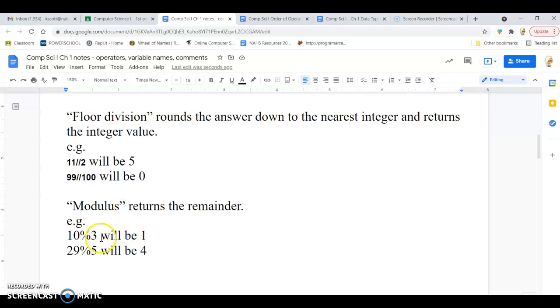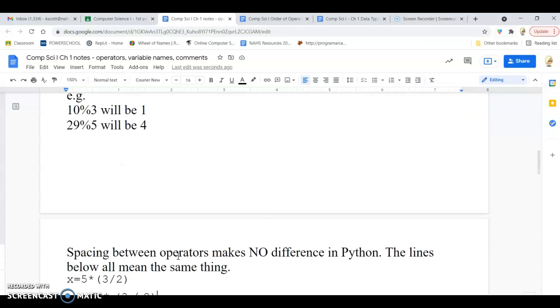So since the remainder of 10 divided by 3 would be 1, 10 mod 3 is 1. 29 mod 5 is 4. Because if we did 29 divided by 5, it would be 5 remainder 4. So modulus just returns the 4. Just the remainder.